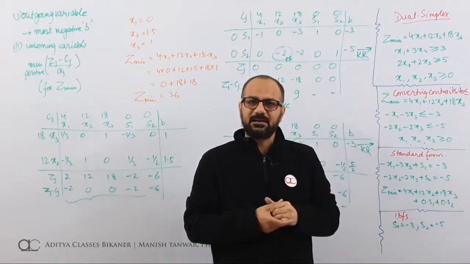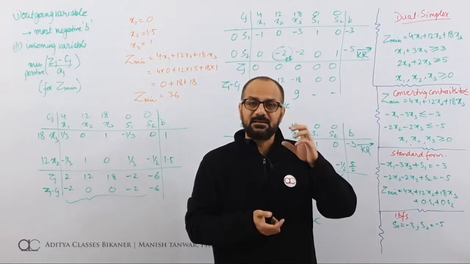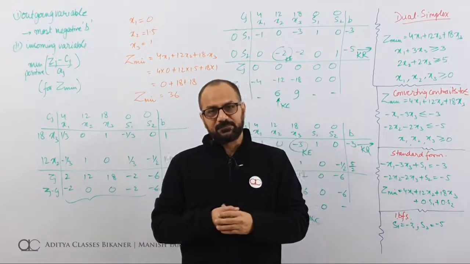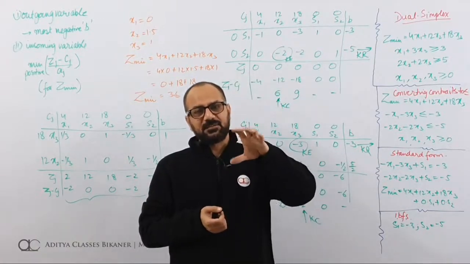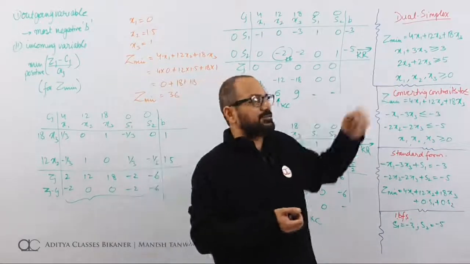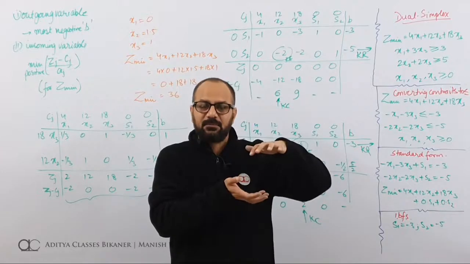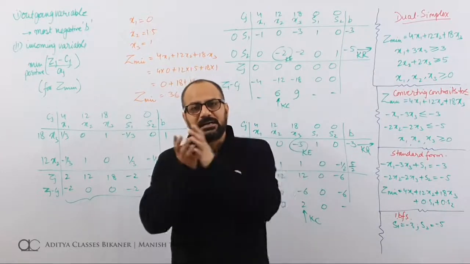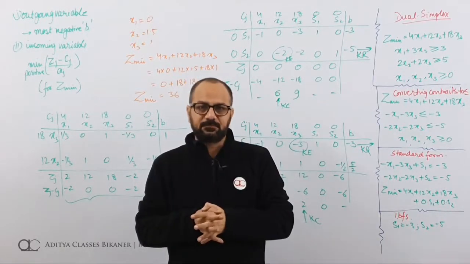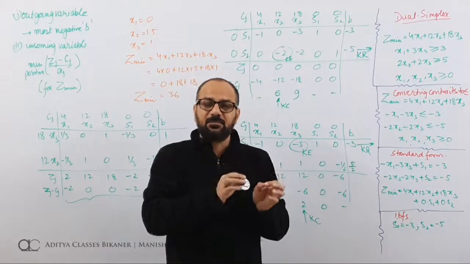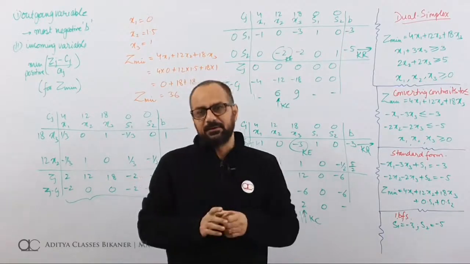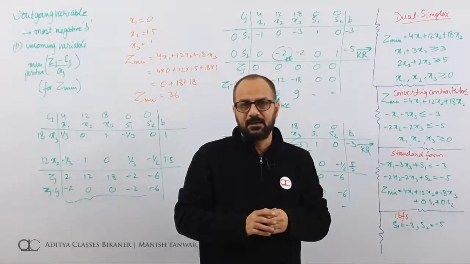Second step was identify the decision variables. Third step was identify the objective function. Fourth step was identify constraints. Fifth step was non-negativity or physical constraints. So that was a formulation of a linear problem for subjecting it to the simplex algorithm.